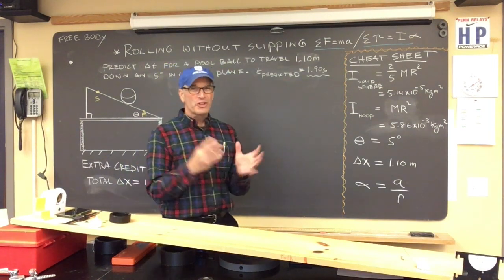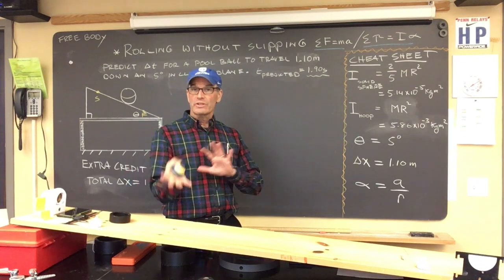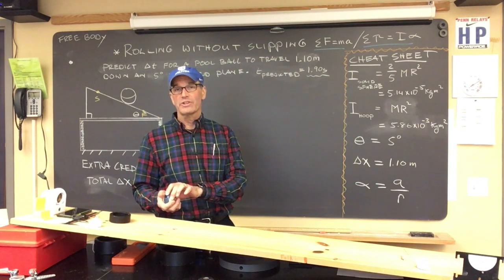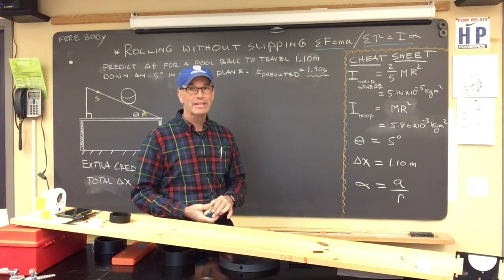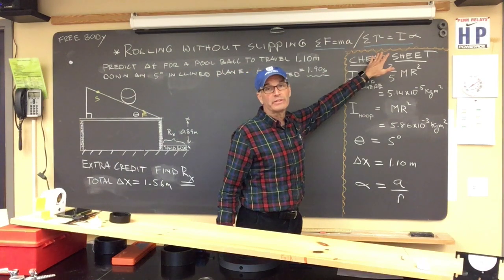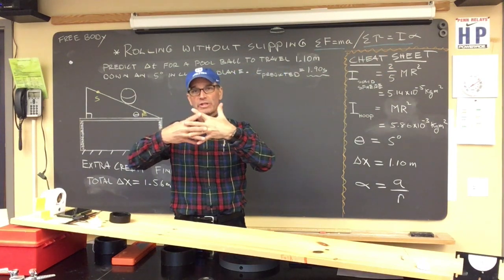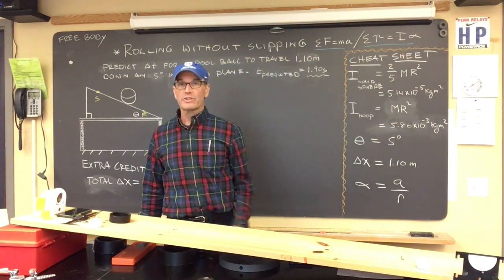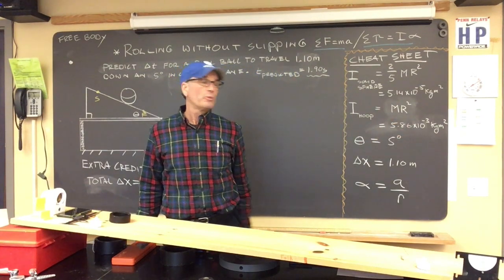Now, in order to solve for either the angular acceleration of the rolling aspect or the linear acceleration for the translational aspect, we have to use both Newton's second law and its angular equivalent. We're going to couple those expressions together and solve for the linear acceleration of the pool ball.